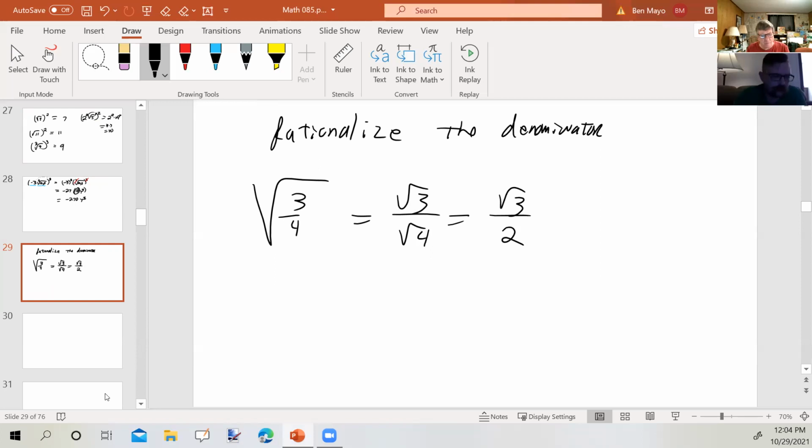Maybe we need to recall, what do I mean by rational versus irrational? Okay, a rational number is a number that can be written as a whole number or an integer or a fraction or a repeating decimal or a terminating decimal. So for instance, 2 is rational.